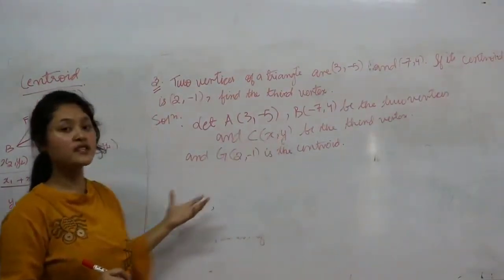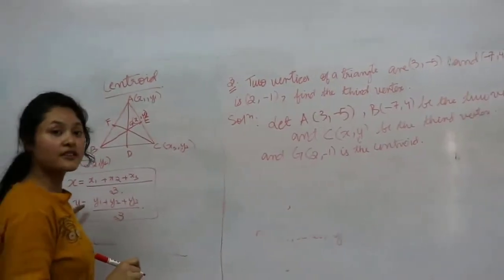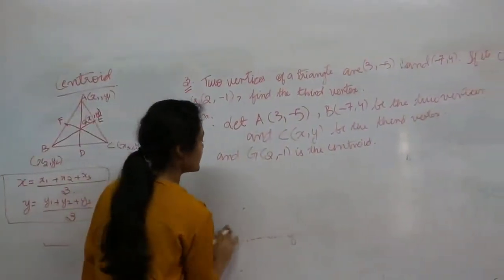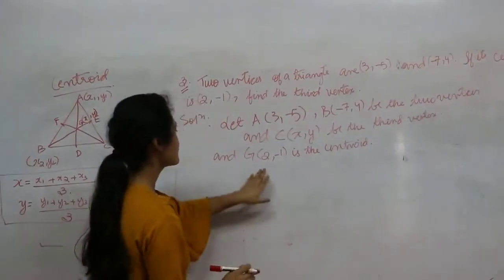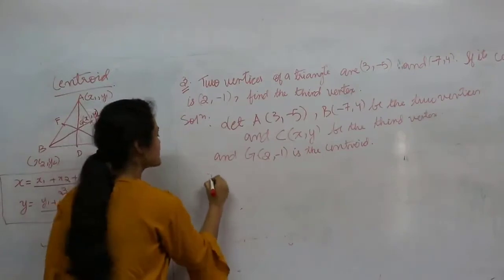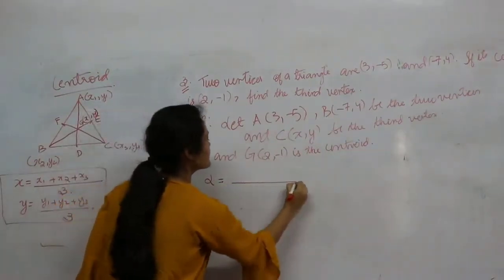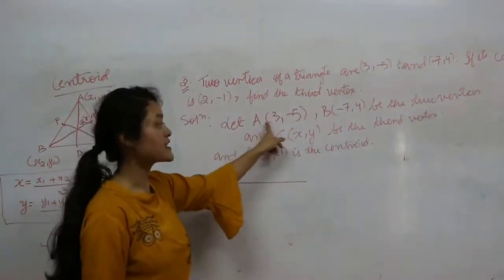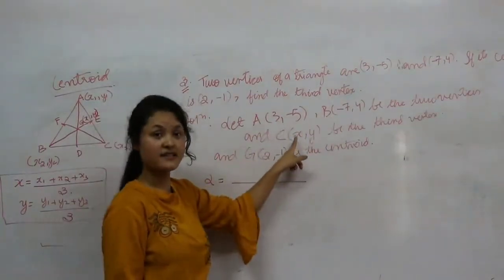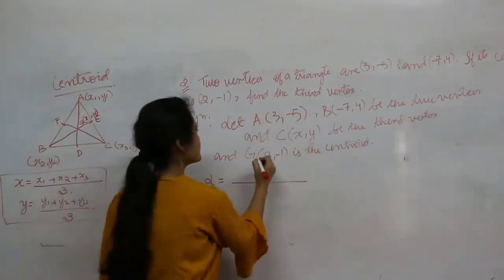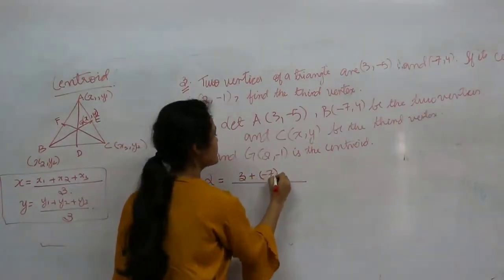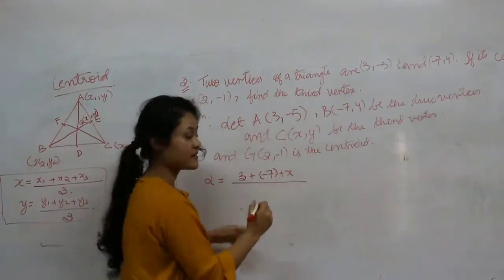So we have to find this one. To find this one, we just use the formula to find the coordinates of centroid. Okay, how do we do this? We know that the x coordinate of centroid is 2. So write in 2. And you add the x coordinates of these three vertices, 3 plus minus 7 plus x, this is the third vertex, divided by 3.